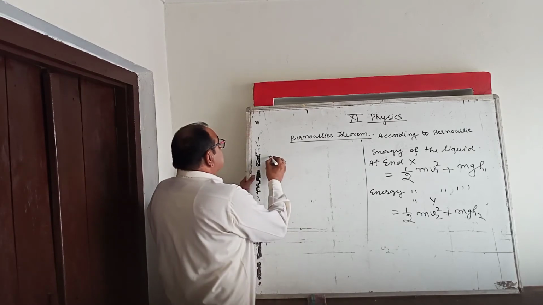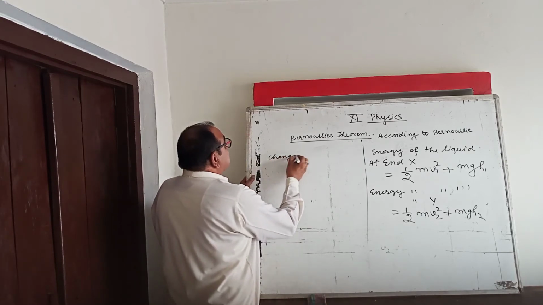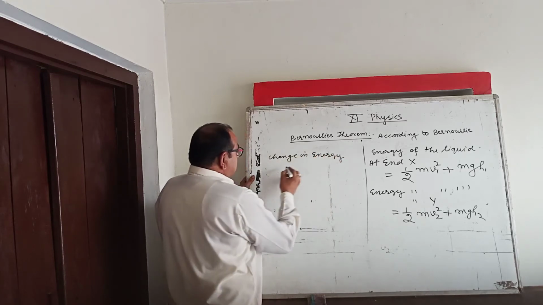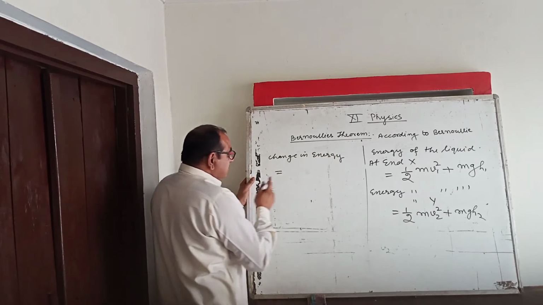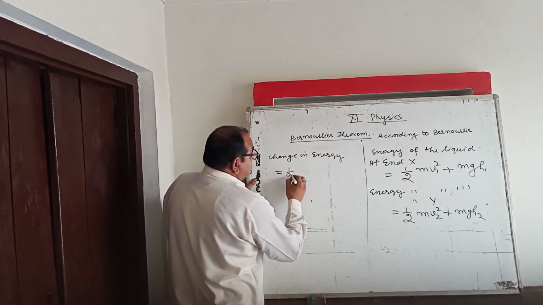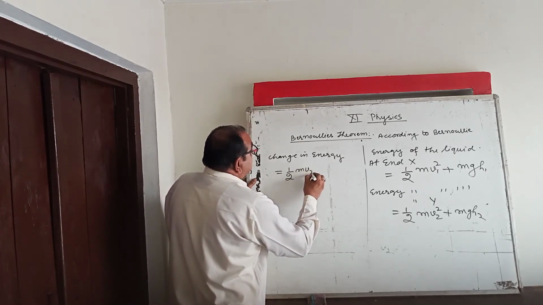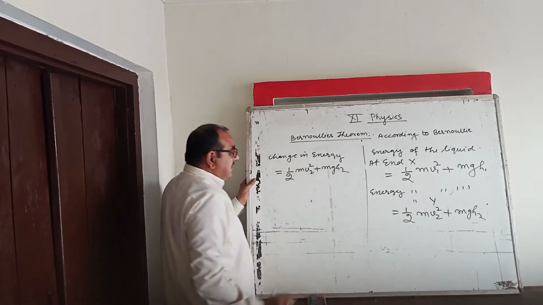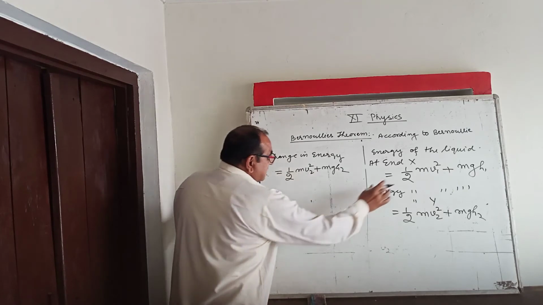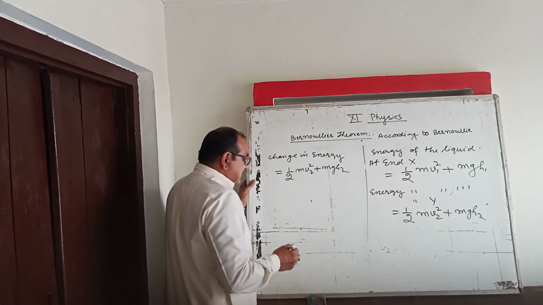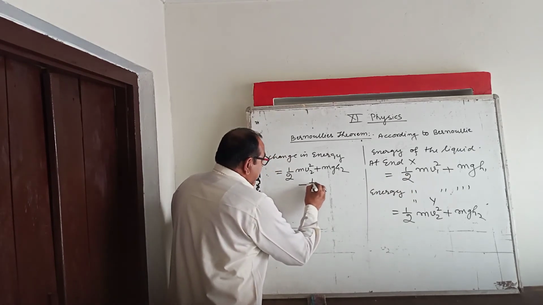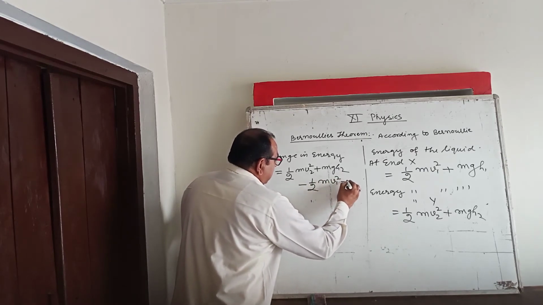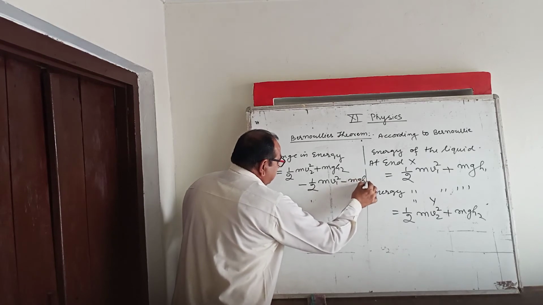Change in energy is equal to half m v2 square plus m g h2, which was the energy at end Y, minus half m v1 square plus m g h1, the energy at end X.